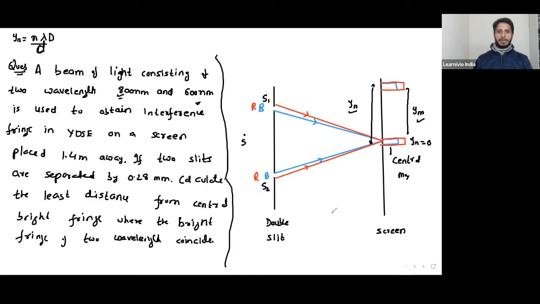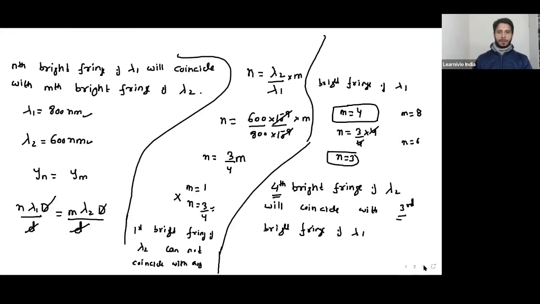There are many fringes which are coinciding, but you are supposed to calculate the least distance. So for the least distance, you will calculate the first pair. The first pair is this. So we will not take these two.